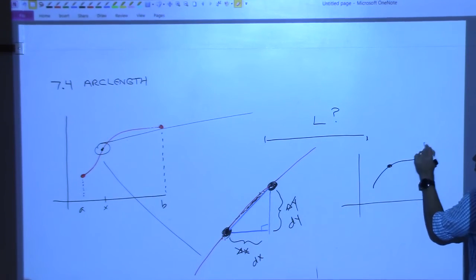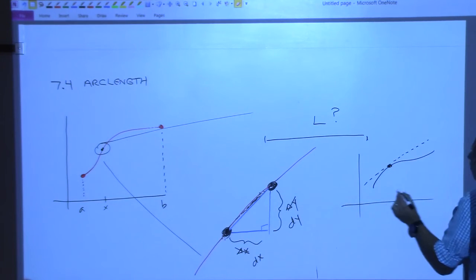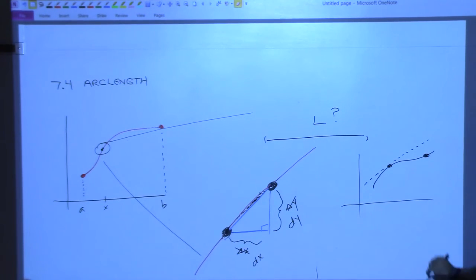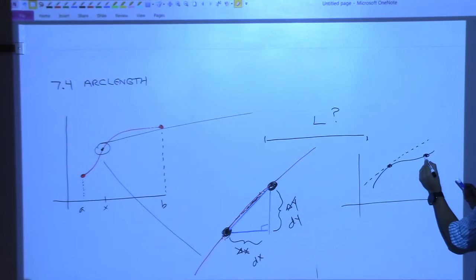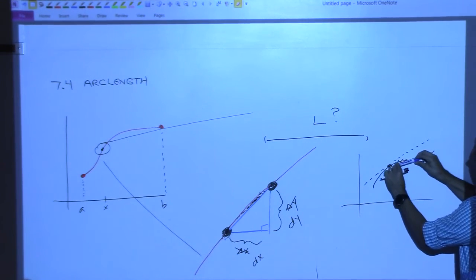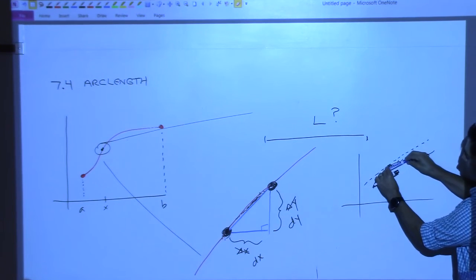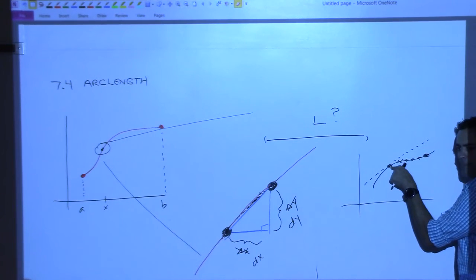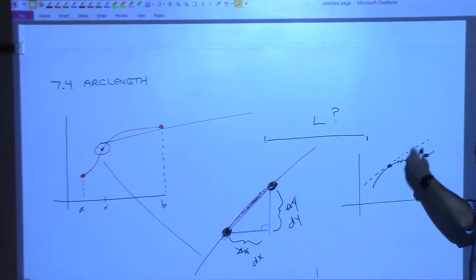When we were trying to find the slope of the tangent line, we started with a secant line. We grabbed a point over here and marched this point closer and closer to this point and watched what that secant line did. We could never put the point right on top, because if we did, we'd get 0 over 0.